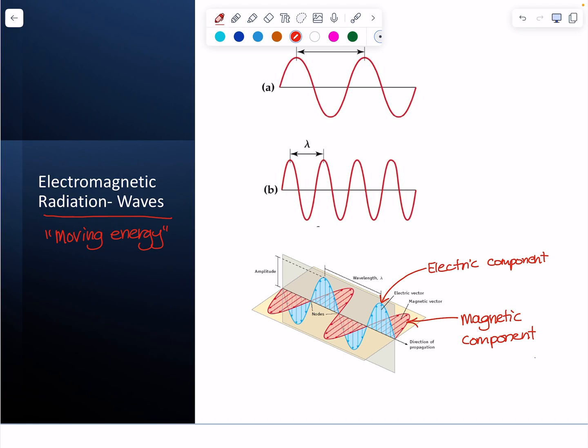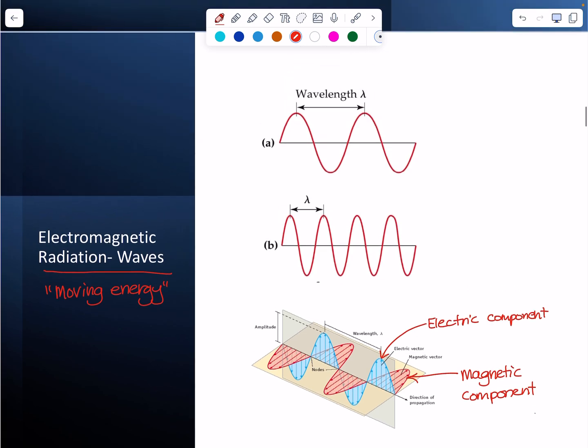And if we are testing the properties of that wave, if we want to know the electric field at any one point in time or at any one position, it's going to look like a wave in the water that you would see. And so we describe waves by two features. One is the wavelength.